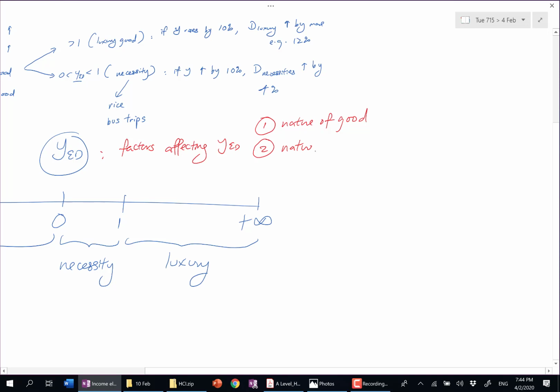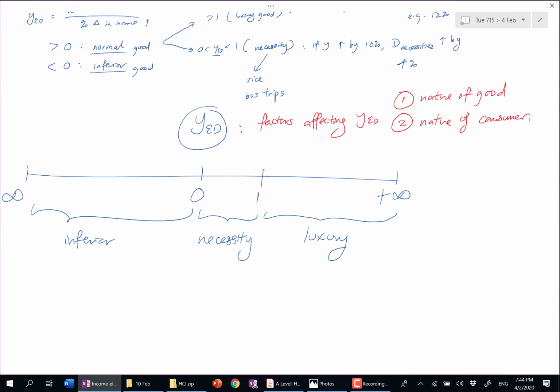Second, which relates to your point, the nature of the consumer. If you talk about fast food, some people say fast food is a normal good. Maybe some less affluent families, when they have an occasion to celebrate, they go for fast food.